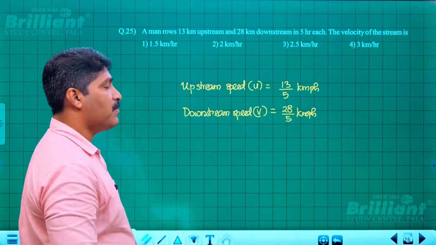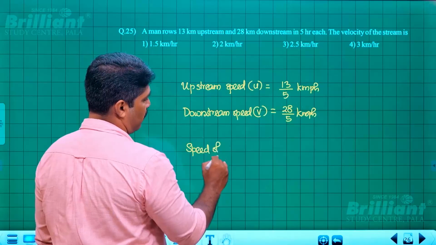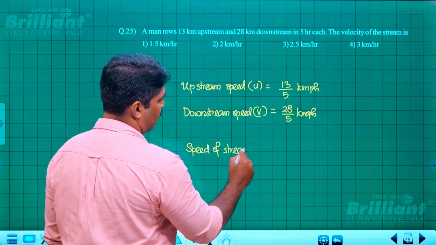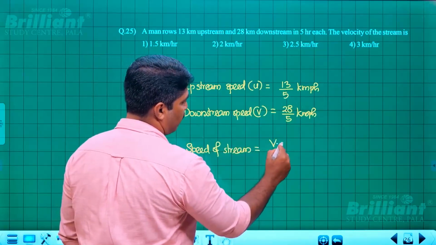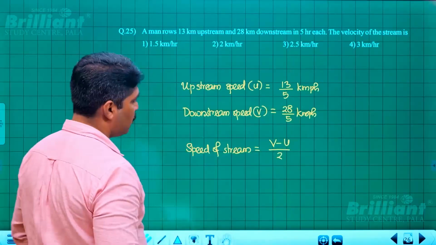So how do we find the speed of the stream? The speed of the stream is half the difference between the downstream speed and the upstream speed.